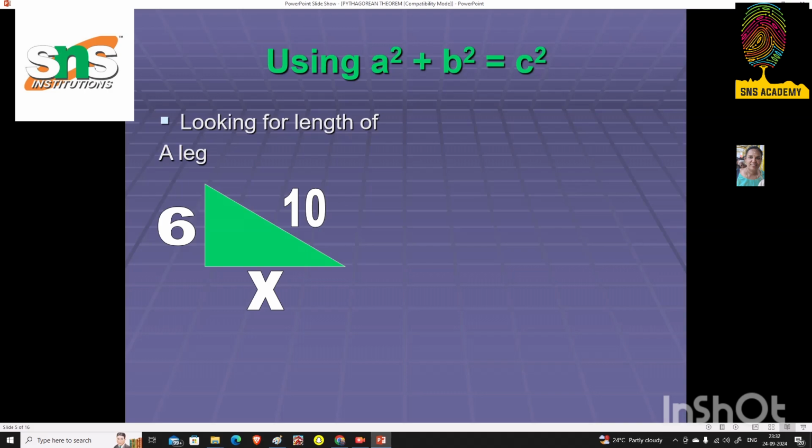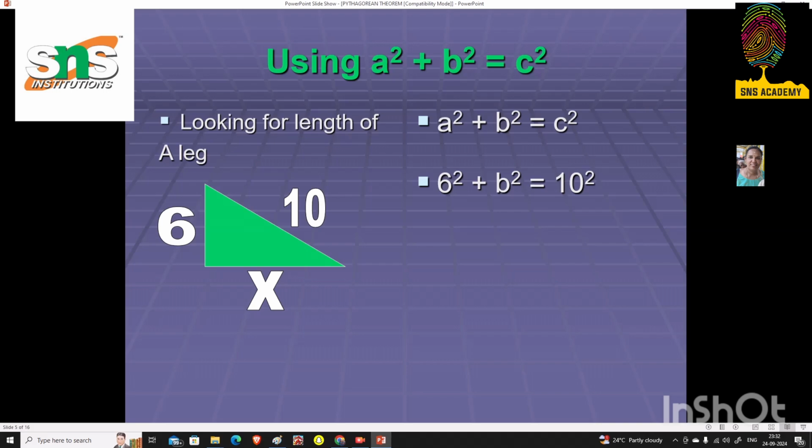According to that, we can write 10 square is equal to 6 square plus B square. In the place of x, I have substituted B because we are indicating x as the base.